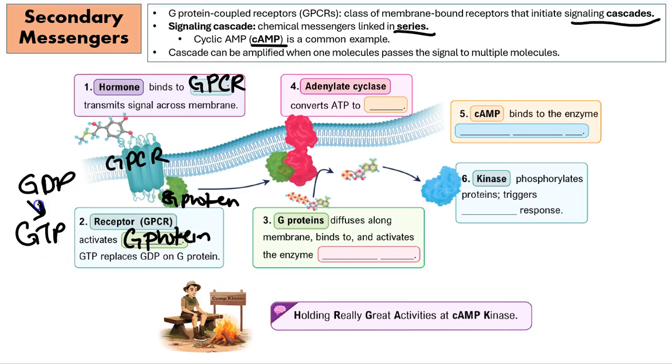The one that has 2 phosphate groups is going to be less energy. And of course, when you have that monophosphate group, which we'll get to later on, they are going to have only 1 phosphate group for energy. So that GPCR is now going to activate the G protein, and that's going to replace GDP with GTP on that G protein, giving it enough energy to then diffuse along the membrane.